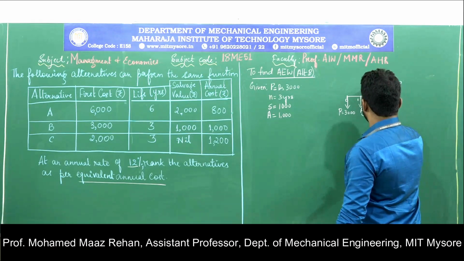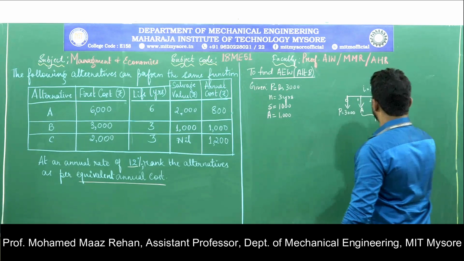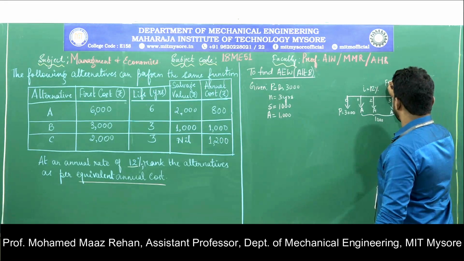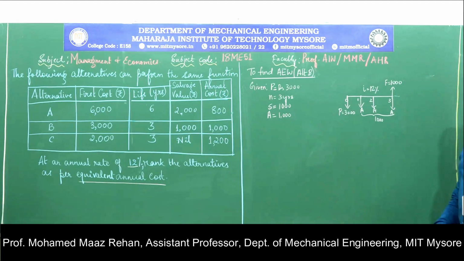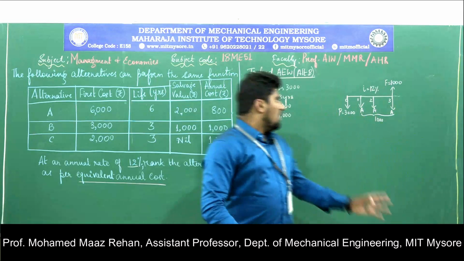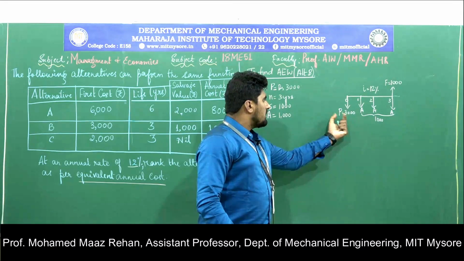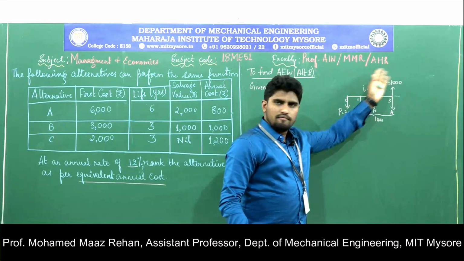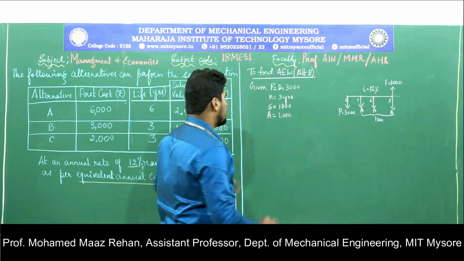Okay, rate of interest they have given as 12%. This is future value or salvage value. So here what you need to do, you need to convert this P to A. A is already converted, and future amount to A, correct?